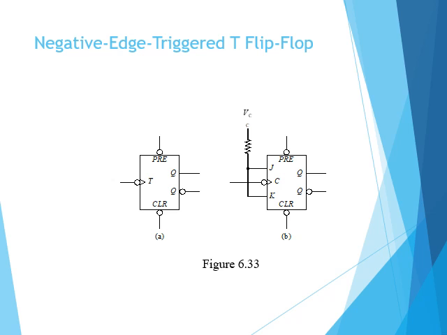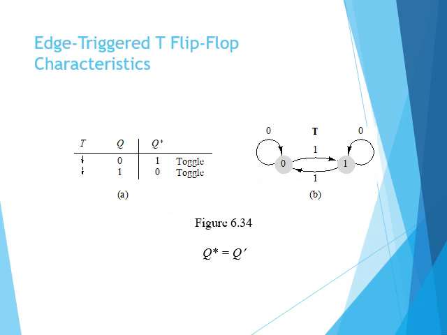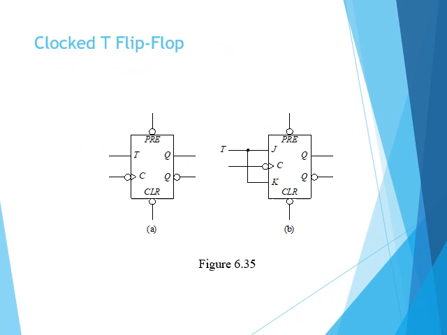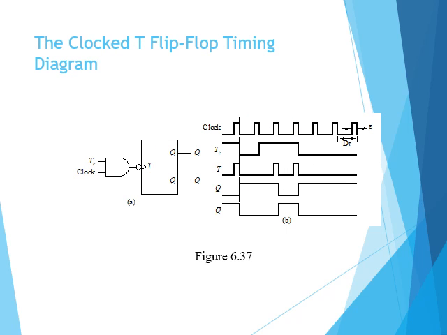The T flip-flop is replaced by the JK flip-flop, using the same input for both. When this is enabled, it acts as a T flip-flop. That's why we are using the JK. Then the edge triggered T flip-flop's characteristic equation is derived from the K-map implementation and the truth table. Here the T flip-flop's final timing diagram is shown.